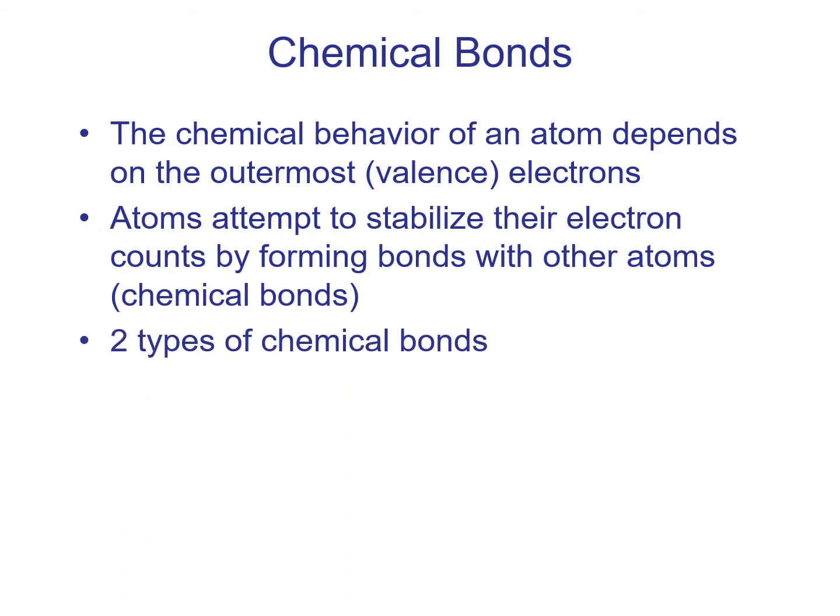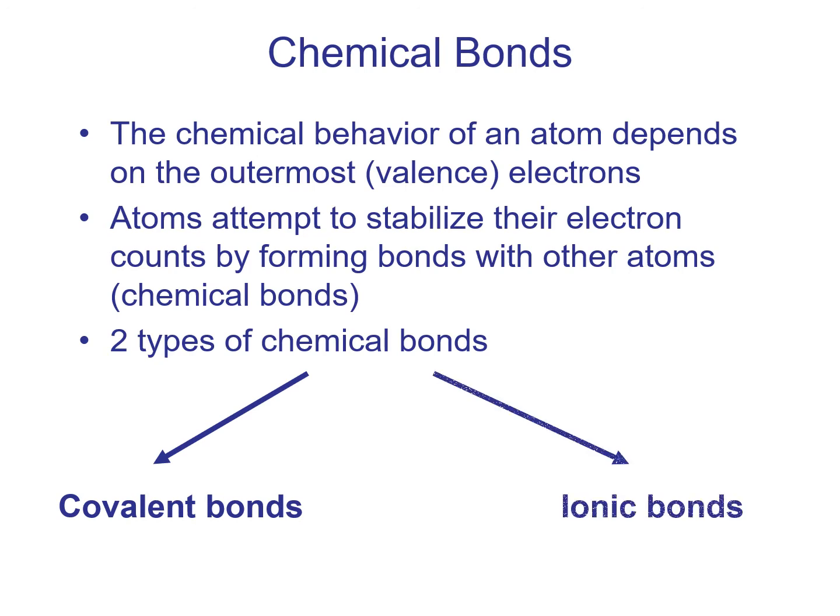And there's 2 types of chemical bonds that we'll look at first. One is known as a covalent bond, where the atoms are sharing electrons. And the other is known as an ionic bond, where one participant is going to lose electrons and the other is going to gain electrons. But then, because they have differential charges, the atoms may be attracted to each other.